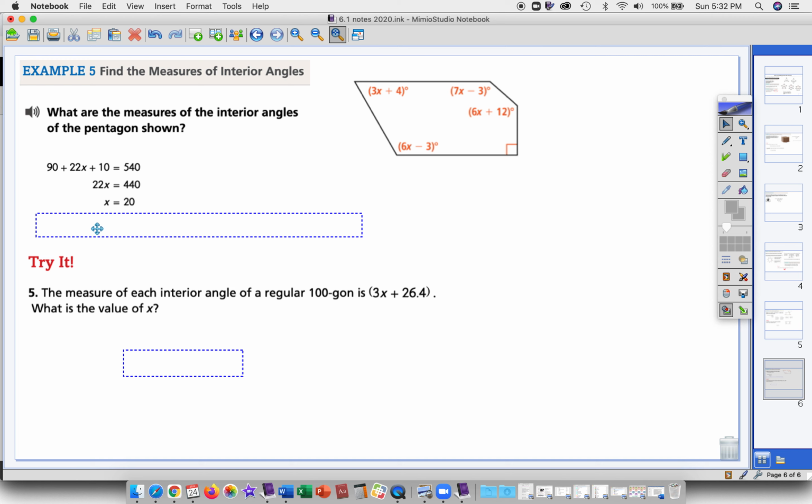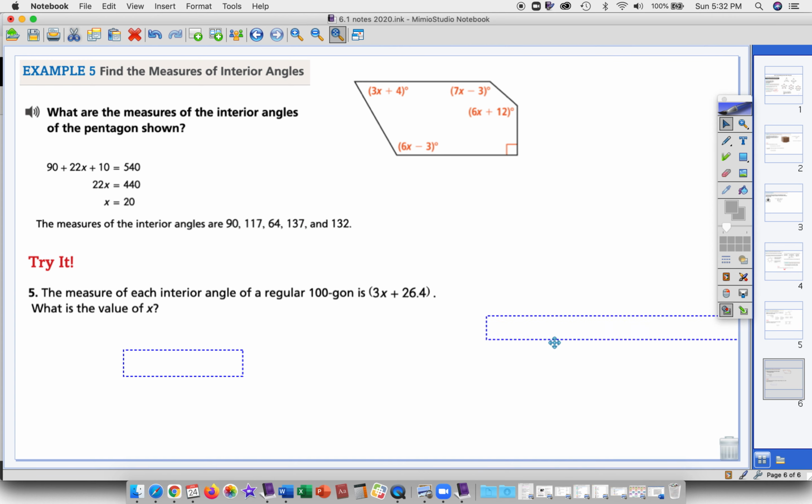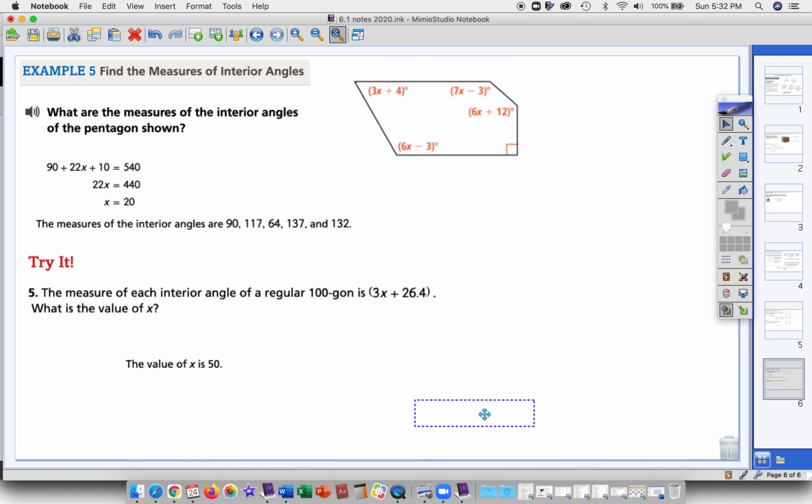So x equals 20. And then hopefully you got these measures by plugging that x value in. And then lastly, the measure of each interior angle of a regular 100-gon is 3x plus 26.4. So the x value is 50.